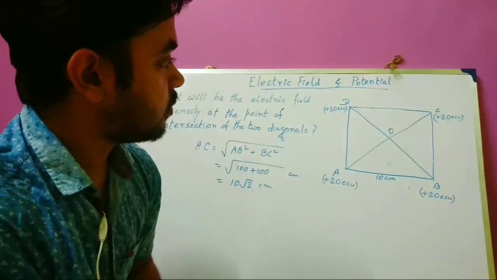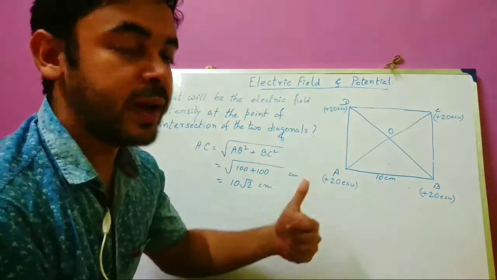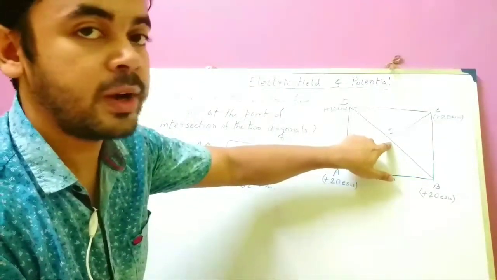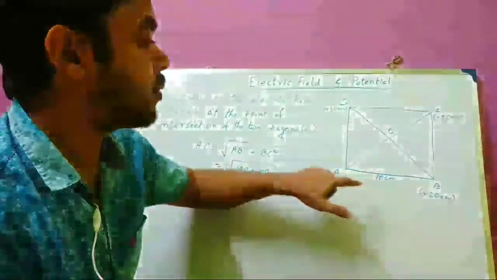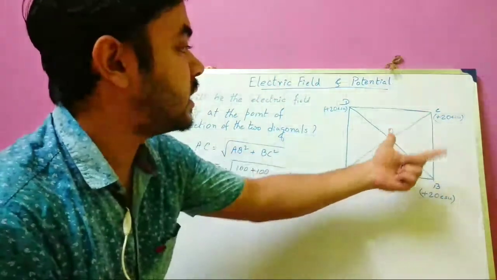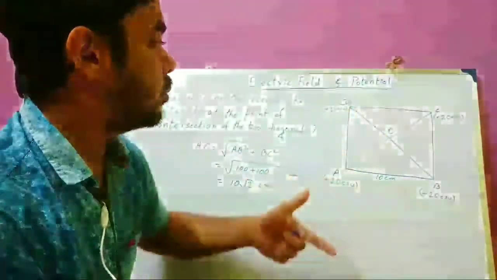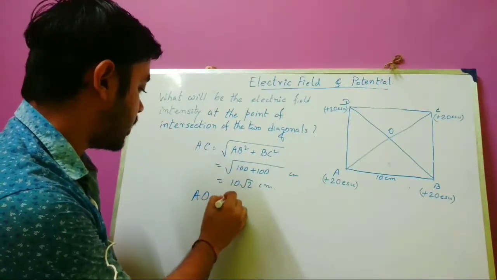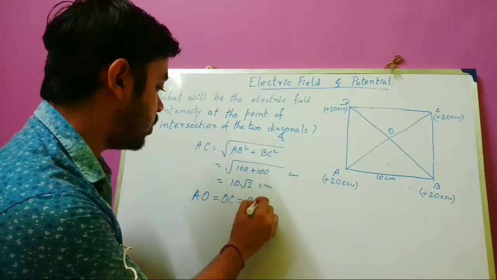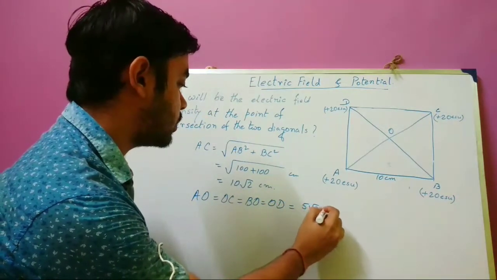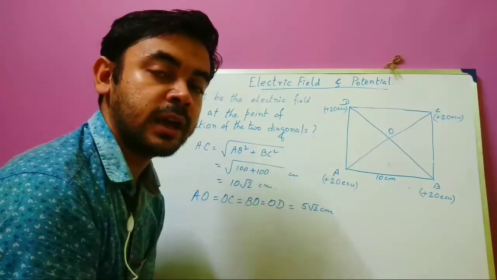So we know for a square, the intersection point of the 2 diagonals is equidistant from all the 4 corners. So AO equal to OC equal to BO equal to OD will be 5 root 2 centimeter. Clear?